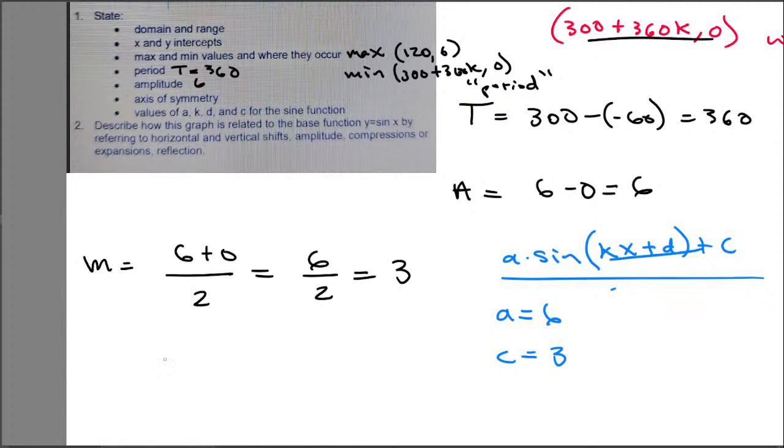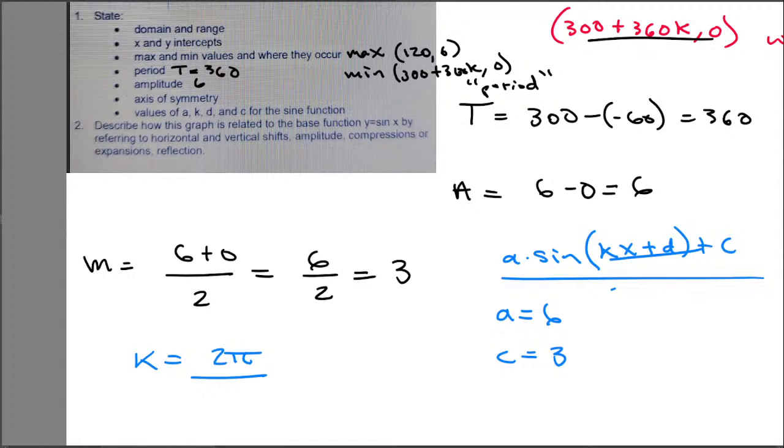So how do we calculate this? I call this omega, but let's use k. So k is going to be equal to 2 pi divided by the normal period, let's see, how does this work? So if it's normally 2 pi, we shrink it by a factor of that.